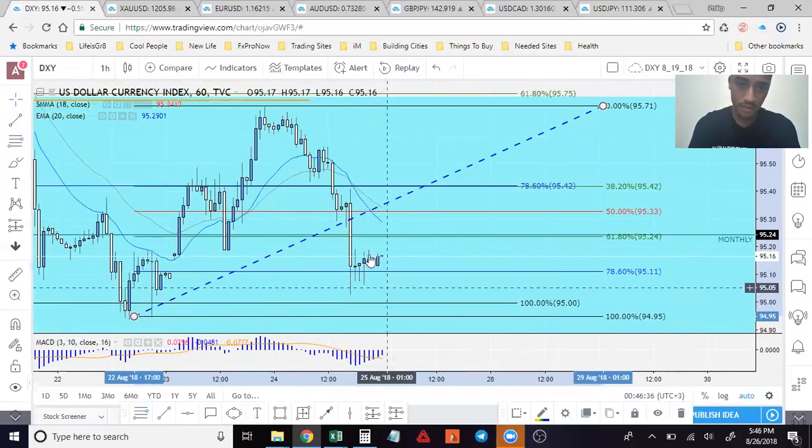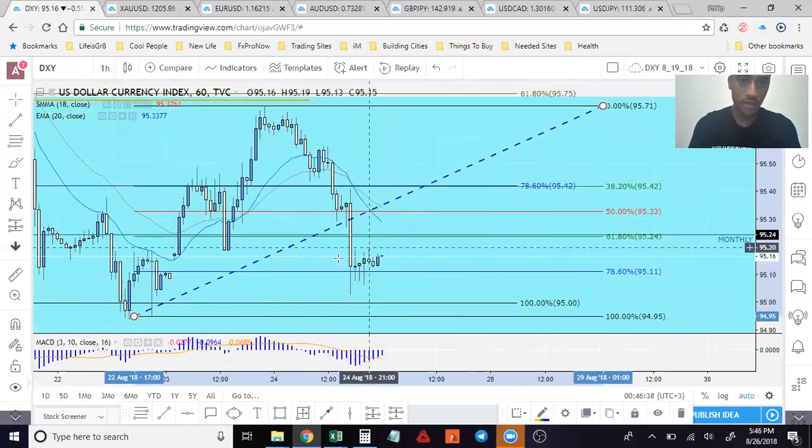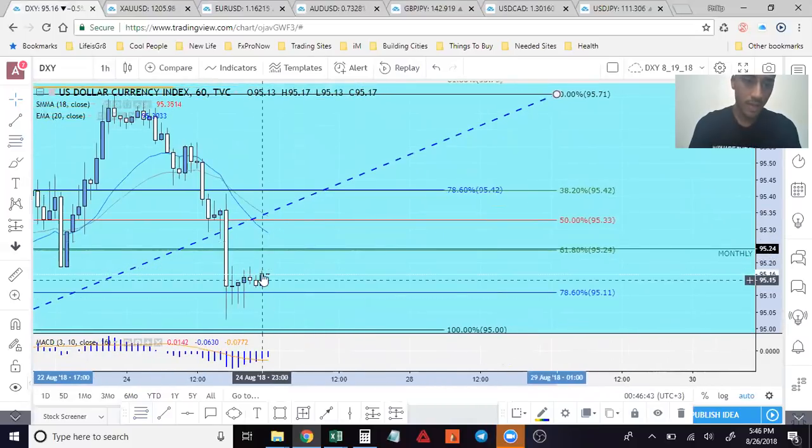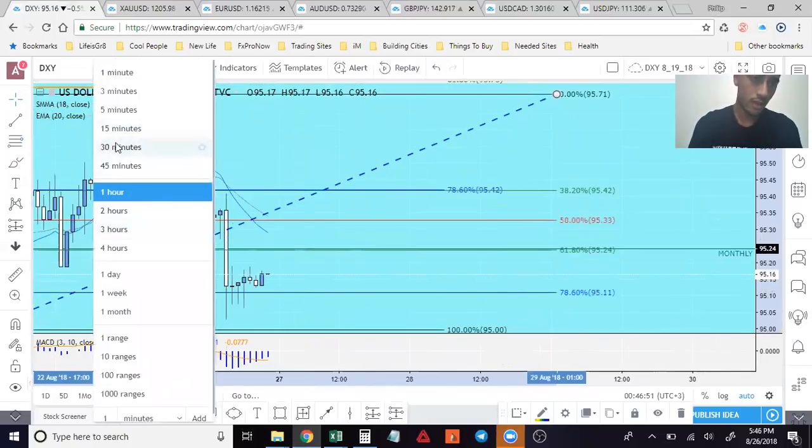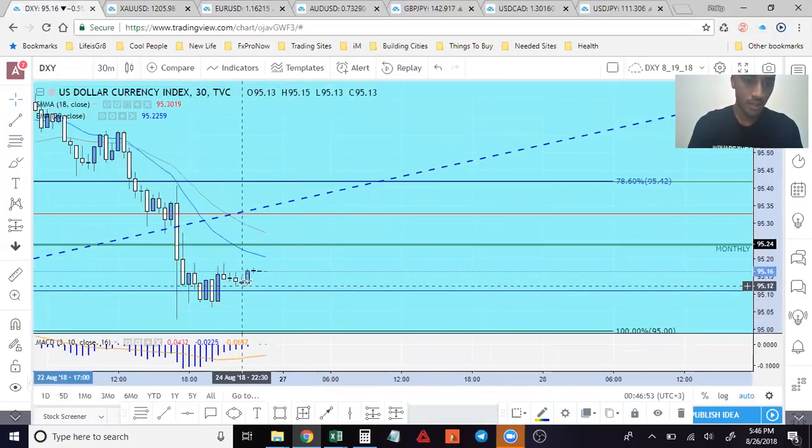I see a lot of sellers exhaustion based upon this 1 hour time frame right here. I do see a bullish engulfing candle that engulfs all these other candles right here. So let me look at the lower time frame. Let's look at, if anything, the 30-minute and see. Yeah, it definitely engulfs these as well.